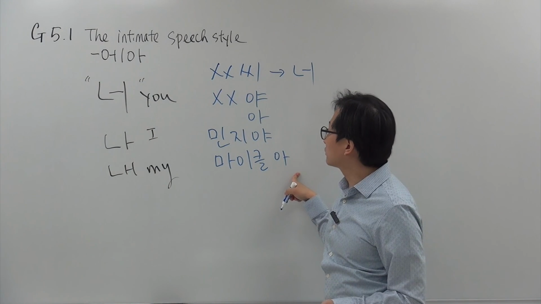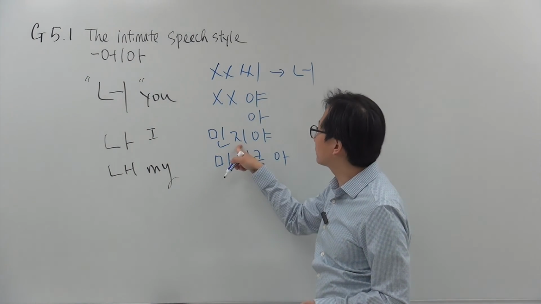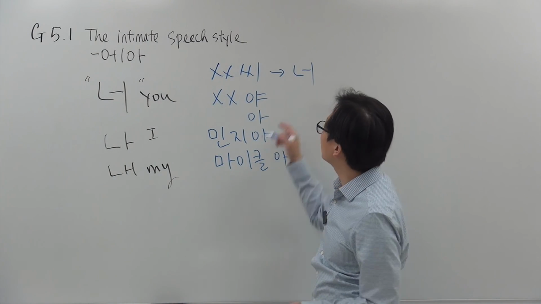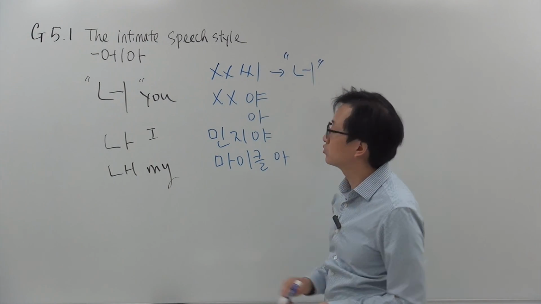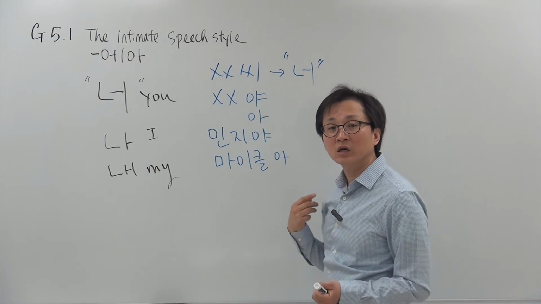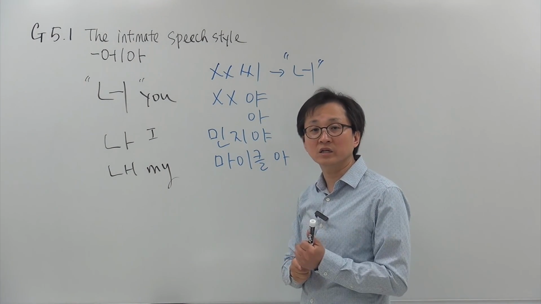So you can address someone with their name followed by 야, or hey 민지, hey Michael. Or simply you can use 너. So, 너 어디가? Where are you going? 나 학교에 가. You can have a conversation like this.